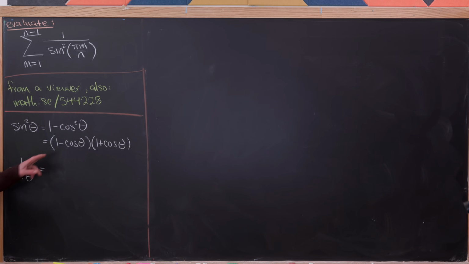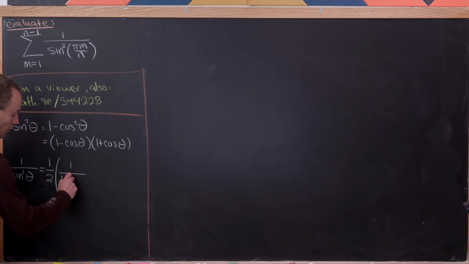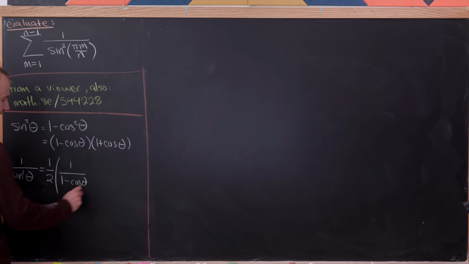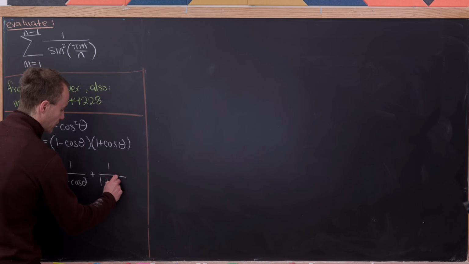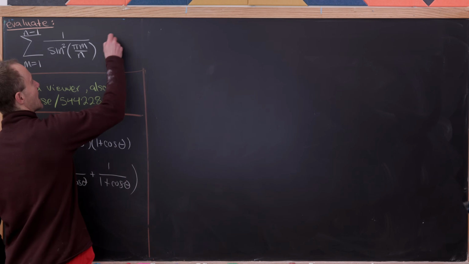Writing that sine squared as this product of 1 minus cosine times 1 plus cosine motivates us to use partial fraction decomposition. In fact, this decomposes as 1/2 times 1 over 1 minus cosine theta plus 1 over 1 plus cosine theta. I'll let you find common denominators on the right hand side and put this all back together and see that this in fact does hold. So that means I can apply that up here.